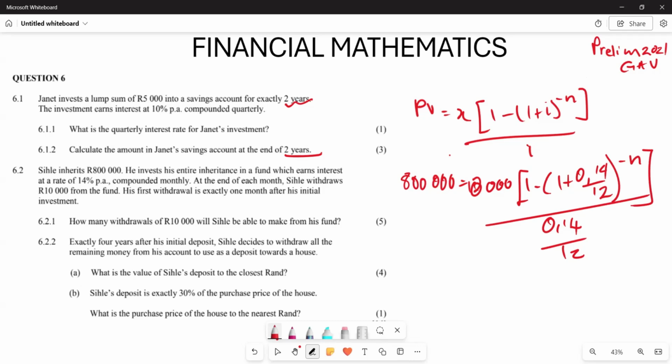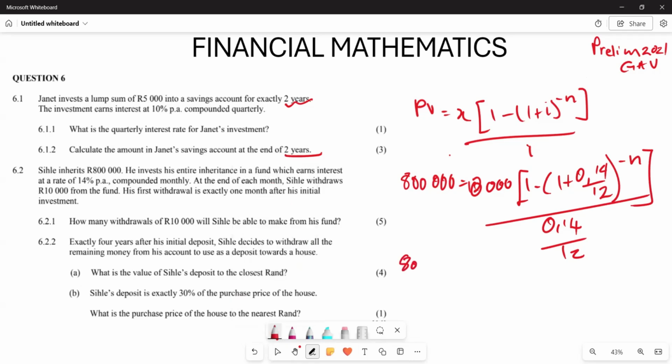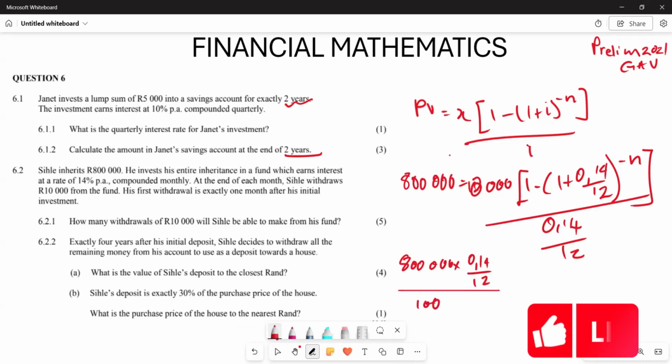Okay. So now what is it that you are going to have from here? The first thing that you're going to do is this is going to be the same as 800,000 multiplied by 0.14 over 12, then this is going to be divided by 10,000. Is equal to, now here, what is it that you're going to have? Let's see.